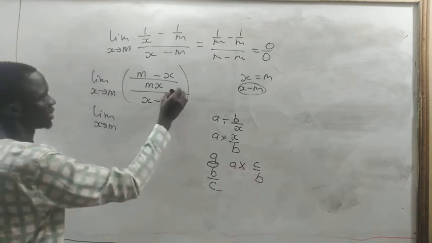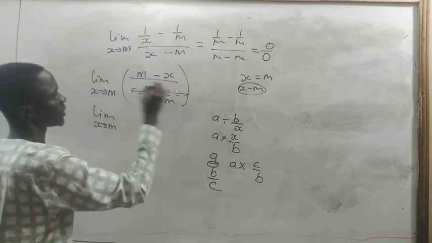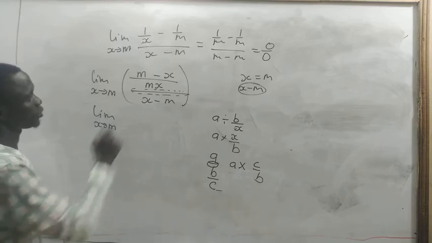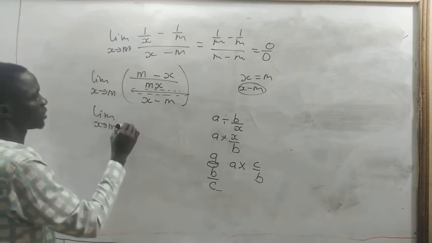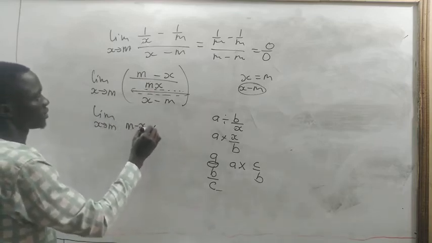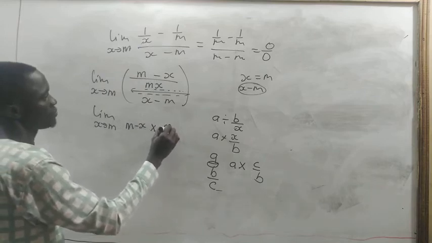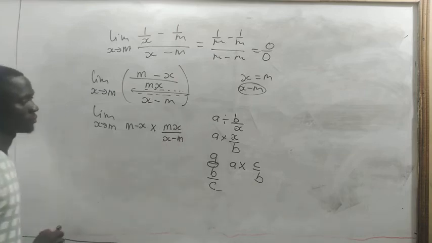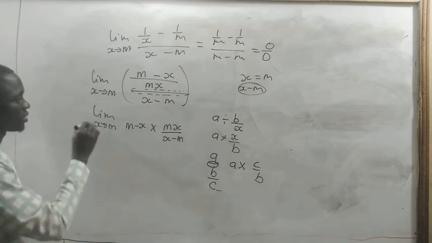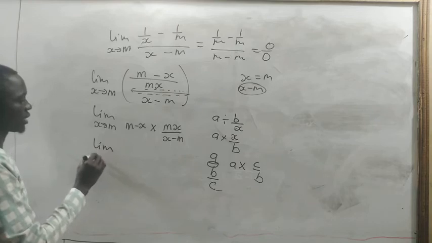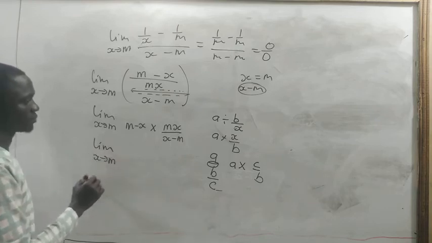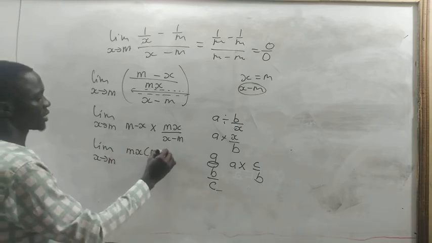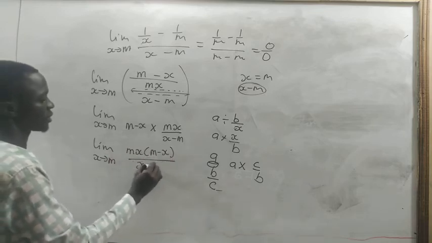So this division sign will change to multiplication. So you take m minus x times m times x divided by x minus m. Very simple as that. So you're going to have the limit as x approaches m of m times x times m minus x divided by x minus m.